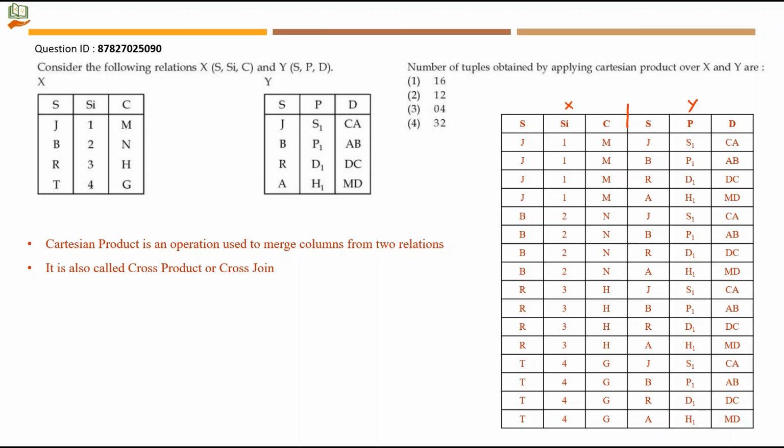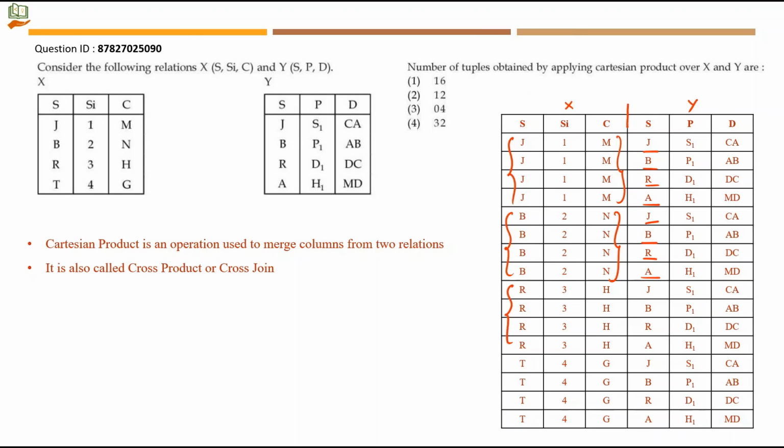So how we have got this Cartesian product is every tuple from x has to be merged with every tuple of y. Let's take the first tuple from x, J1M. Here the entry JBRA is available from y. This is for the first tuple of x. Now the second tuple of x will have all these 4 tuples merged here.